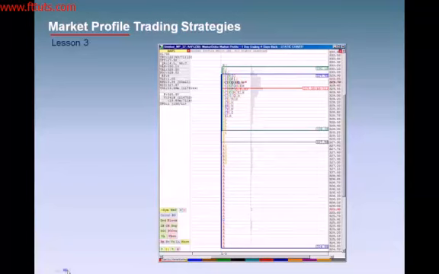Now, I want to show you the anatomy of a very strong directional move that we've just had in the past week or two for Apple computers. It's a beautiful move, and that's why I really picked the profile for it, to show you what a directional move looks like on the profile. Take a look at this.